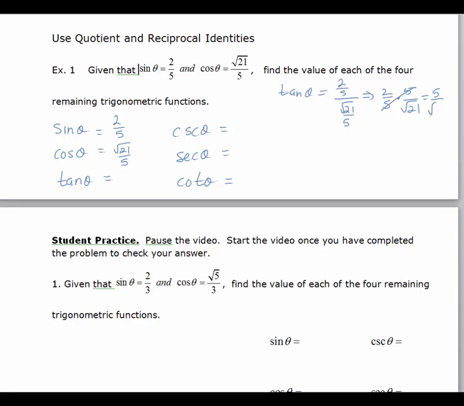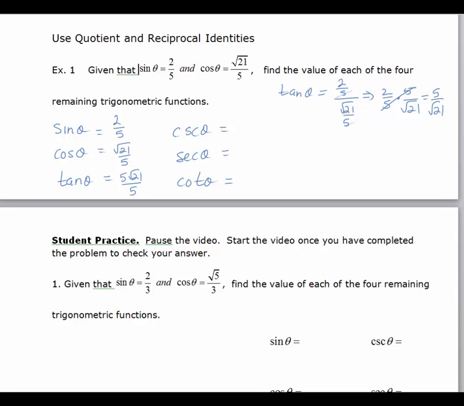I get 2 over the square root of 21, and we can rationalize that. That would be 2 square roots of 21 over 21. And notice a fast way of doing this: when you divide a numerator by a denominator, and they're both fractions, if the denominators are the same, they're going to end up canceling out. So you could do that right here and say, oh, that's 2 over the square root of 21.